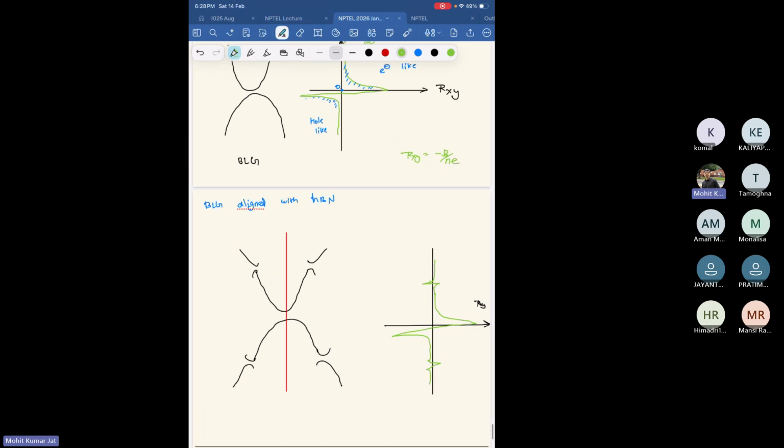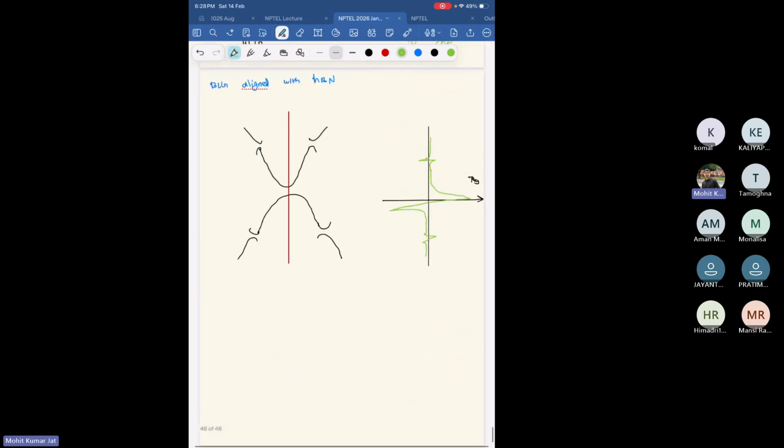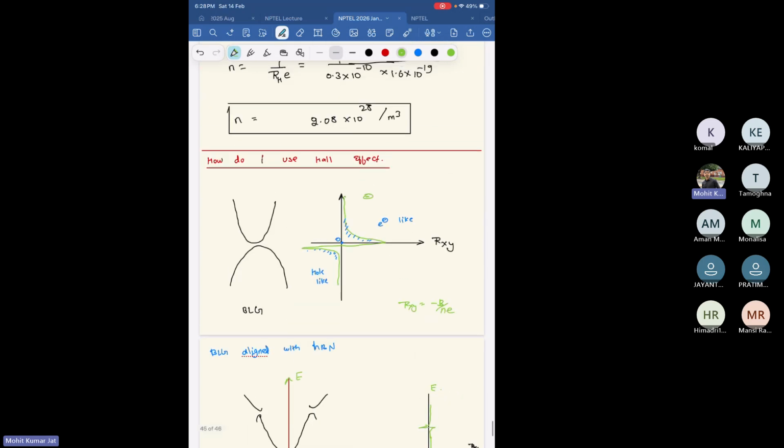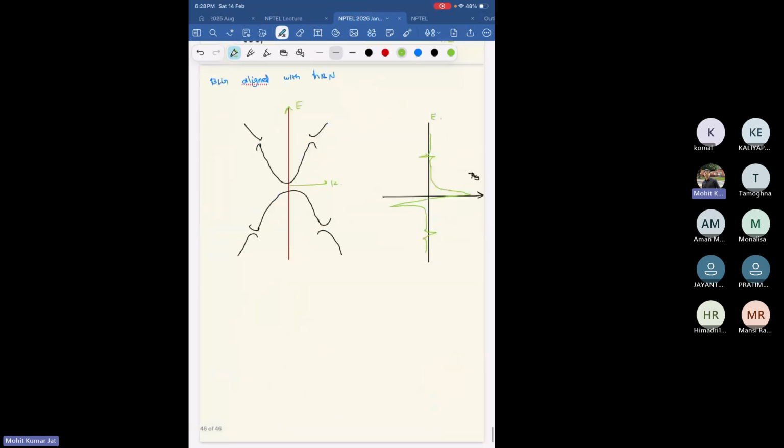From there we determine what kind of pockets are there, whether electron-like pockets or hole-like pockets, and all those fine details you can extract from this RXY versus carrier density signal. Or let me write the energy. This axis is energy and this axis is K. So this is about how we use the Hall effect in our case.